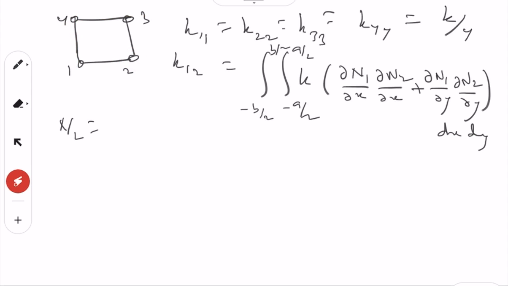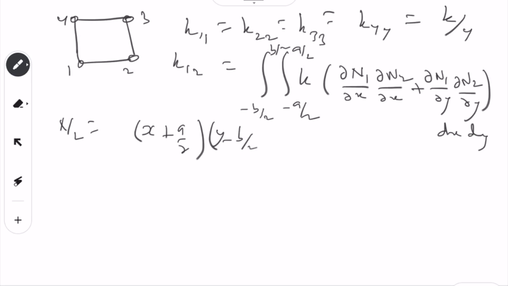So simply we have this equation, this is y, this is x equal to minus this. So we have n2 equal to x plus a over 2 times y minus b over 2, so that when we have x equal to a over 2 and y equal to minus b over 2, you get minus here, so you get minus 1 over ab.